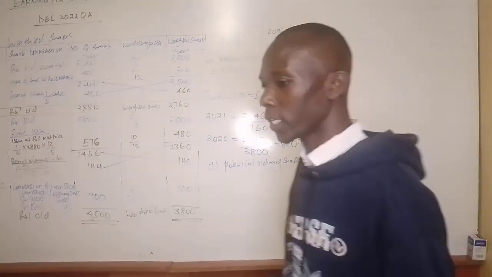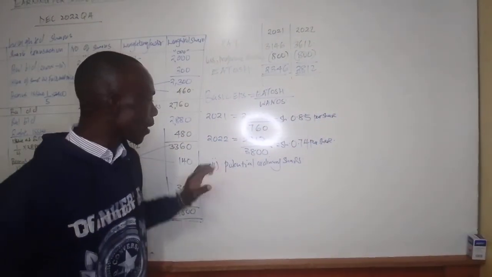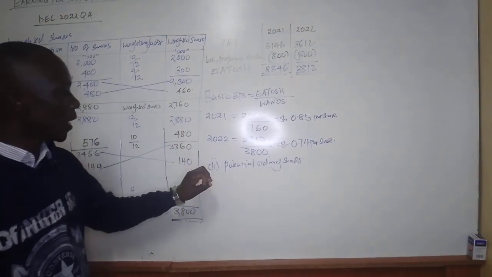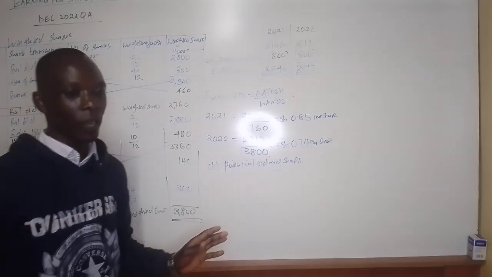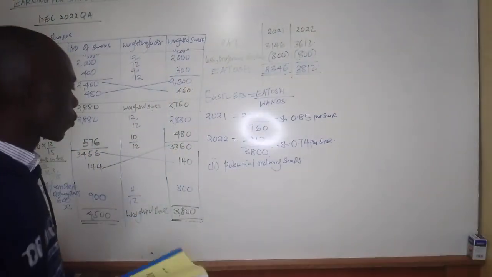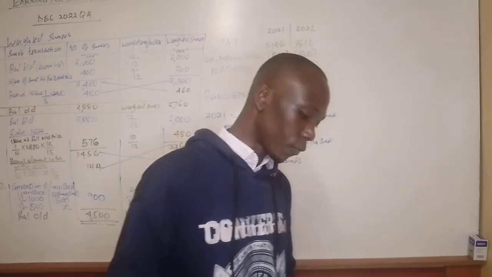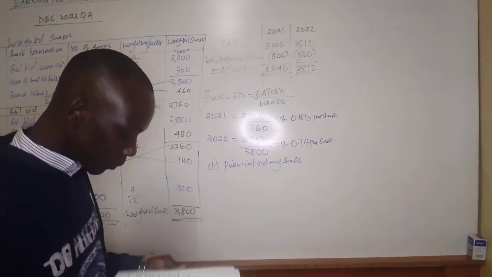So when we are computing the diluted EPS, we are going to assume that these holders of the potential ordinary shares have already been converted to ordinary shares. So let us look at how many potential ordinary shares we have from this question.